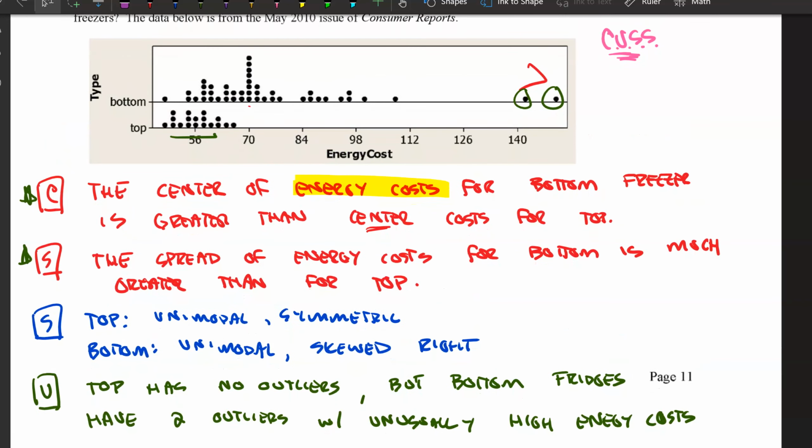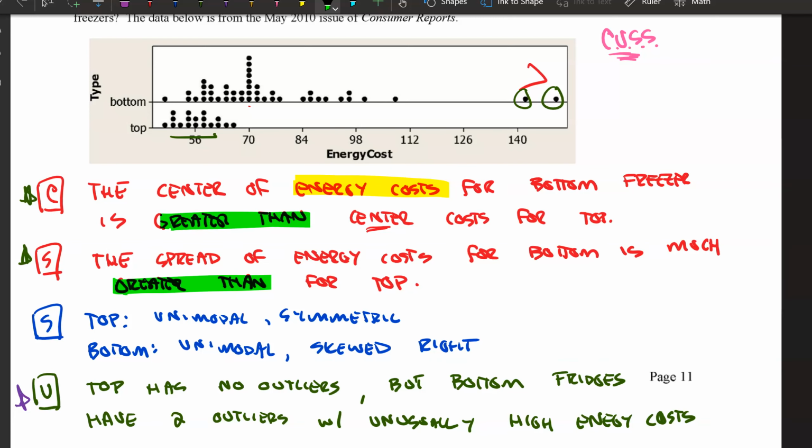Okay? And again, down here, this has a comparative nature to it. Top has none, bottom has some, but the comparison words are really, really important with these two. Is greater than and is greater than, okay?